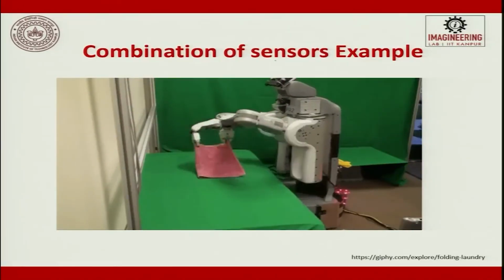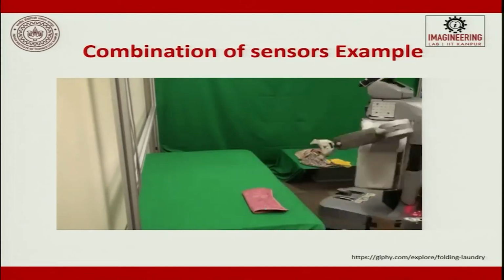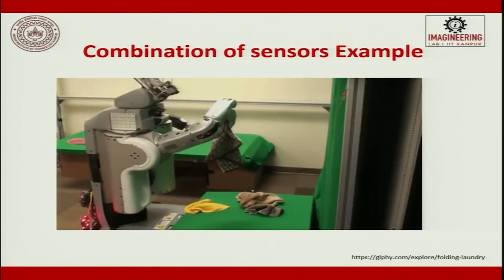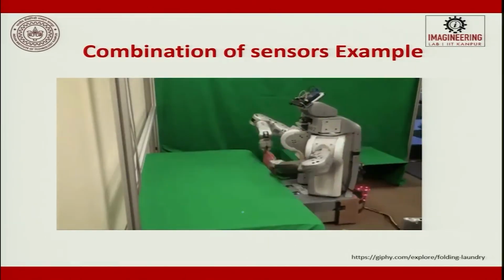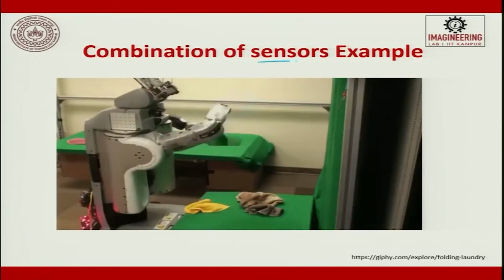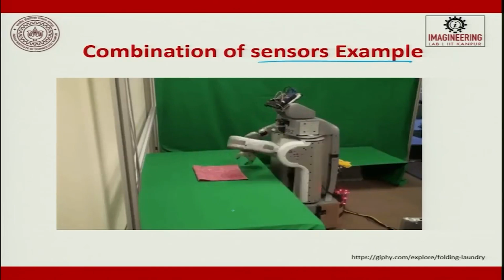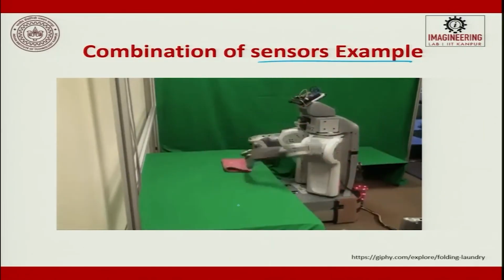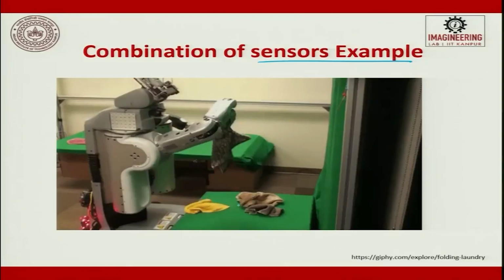So, as a combination of sensors, you can see here an example wherein a cloth is getting folded and then placed inside. Pick and place is also there, and it is also getting folded. Here we use a combination of sensors. First we have to use tactile, then we have to use vision, then image, and then finally we do this operation.